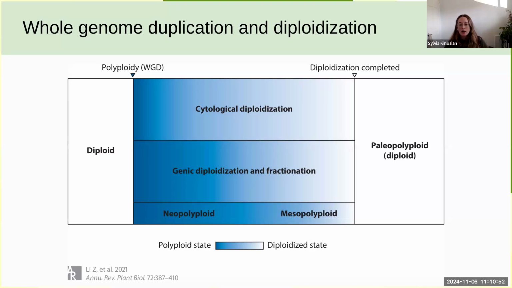And so the genic diploidization and fractionation can be either through gene loss or simply gene silencing. And so what Hoffler was proposing was that ferns were going through the cytological diploidization part, but they were not losing genes. They were rather silencing genes through that gene fractionation process.